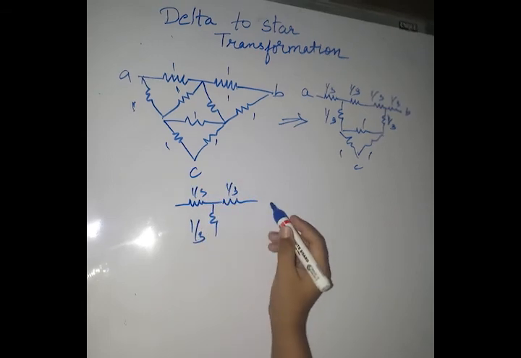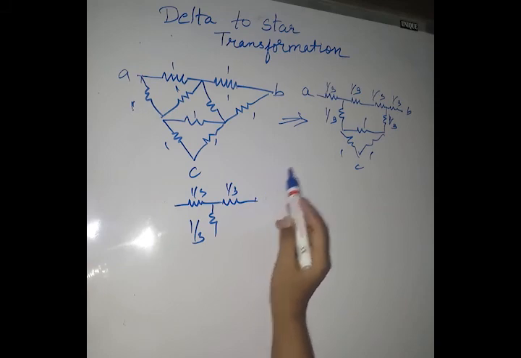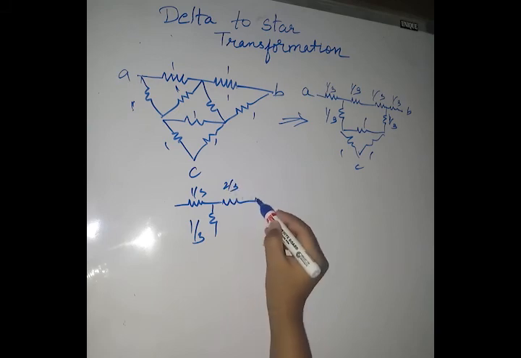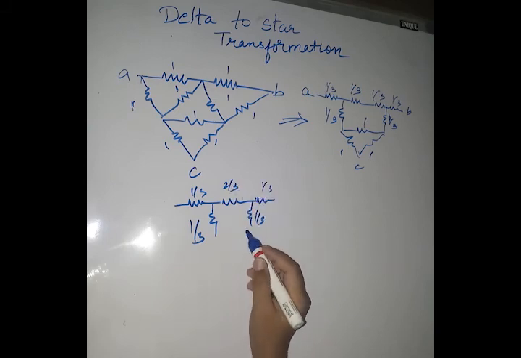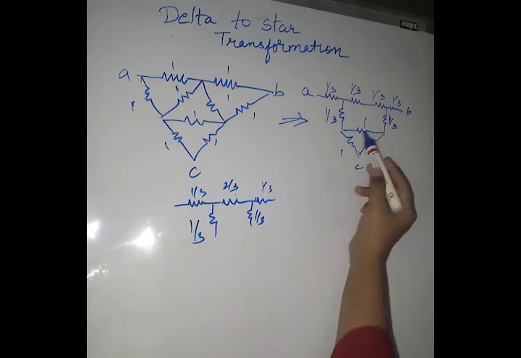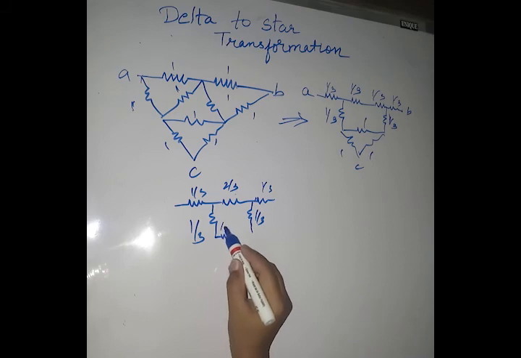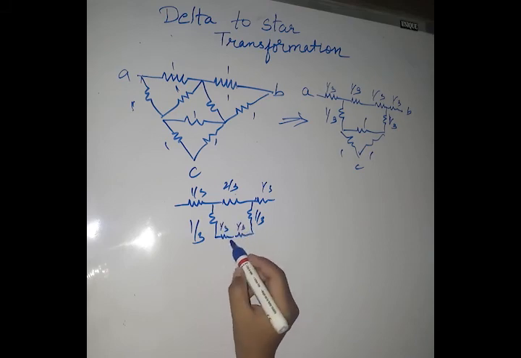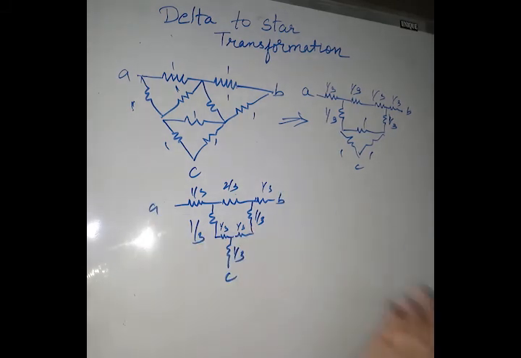This is 1 by 3. Okay, 1 by 3 plus 1 by 3 will be 2 by 3, 1 by 3, 1 by 3. So this delta will be converted to star, so it will be 1 by 3 into 1 by 3 divided by 1 by 3, A, B and C.